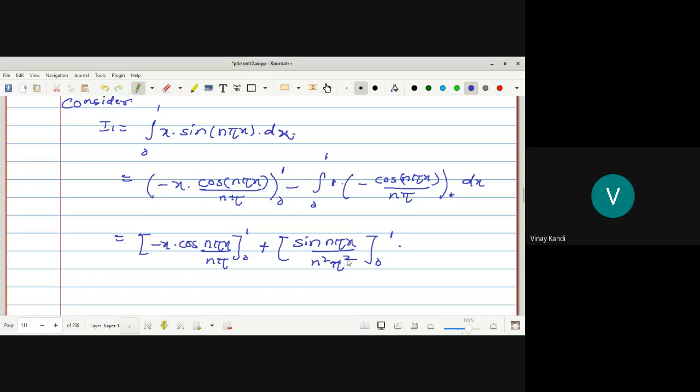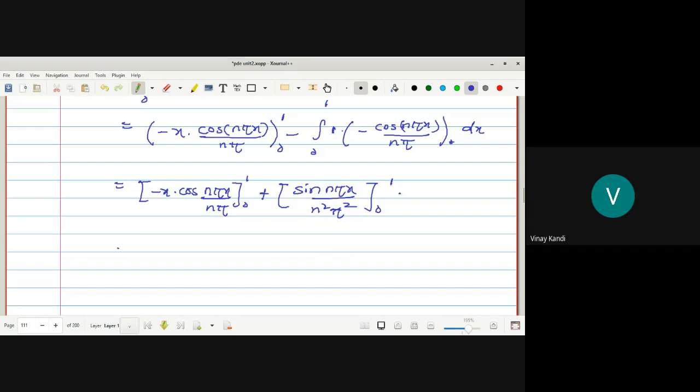Any doubt? Which is equal to, now put the lower and upper limits. Put x equal to 1 first, so we get minus cos n pi divided by n pi. If we put x equal to 0, the entire term becomes 0, so there is no need to write it, plus the second bracket sin n pi divided by n square pi square; sin 0 is 0, so there is no need to write the second term, with n running from 2 up to so on.